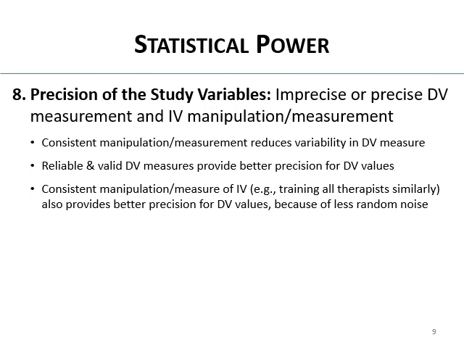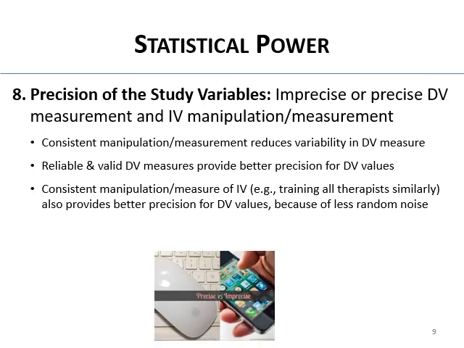So for example, if you're comparing therapies, you make sure everyone's doing therapy all the same way, so there aren't differences between people due to other reasons besides type of therapy. So you train them all the same, that's going to give you more precise measures of the DV and a truer effect of the IV. There's going to be less noise.